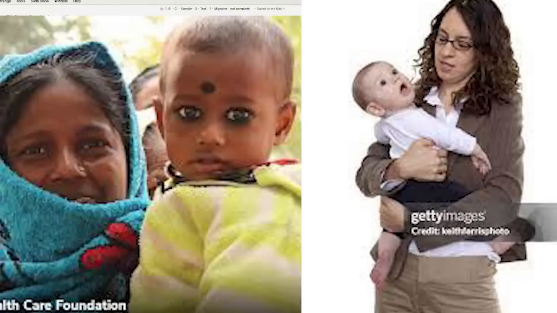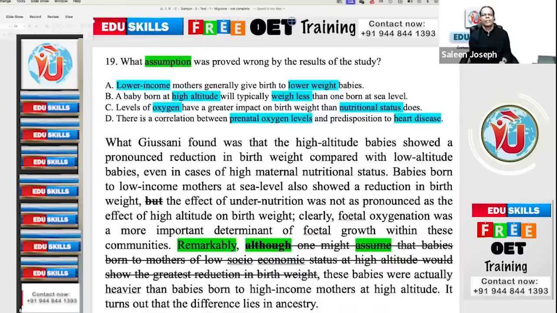Yeah, poor mothers. So do you have any option? A, lower income mothers generally give birth to lower weight babies. But here they are saying what? One might assume, you may think. I will read it this way: you may think that babies born to mothers of low socioeconomic status at high altitude would show the greatest reduction in birth weight.